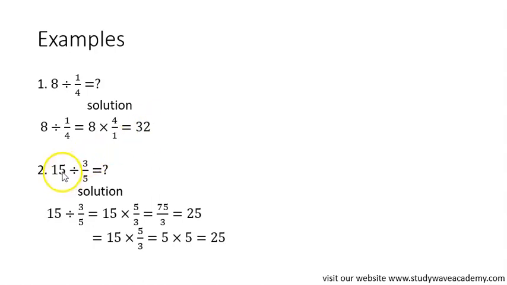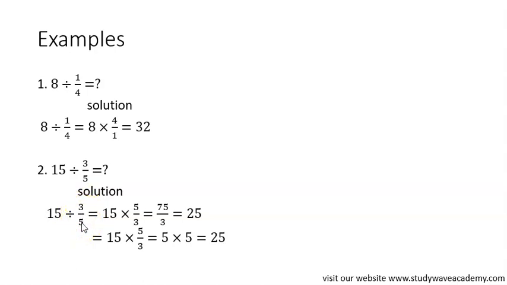Example 2, we have 15 divided by 3/5. We have to look for the answer. So we're going to be looking at solving the answer. Solution, we have 15 divided by 3/5.